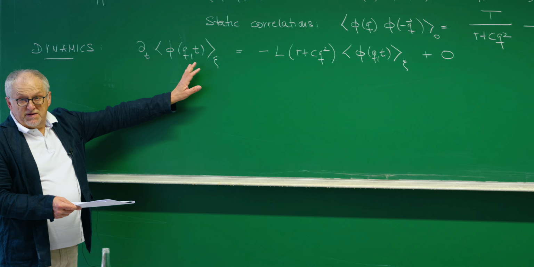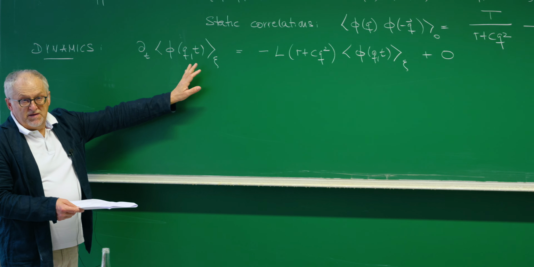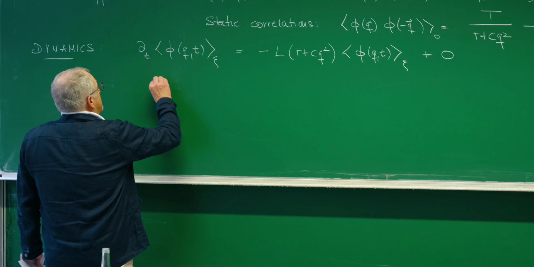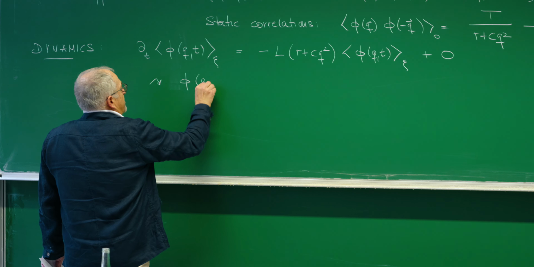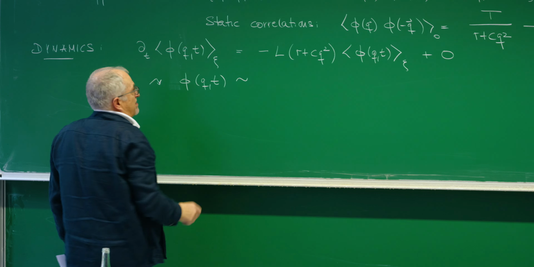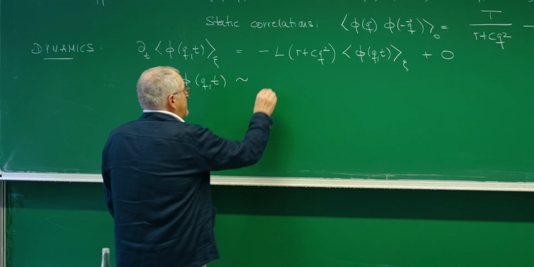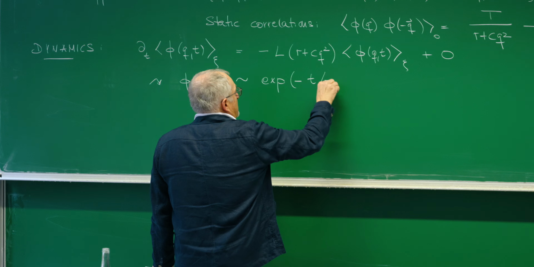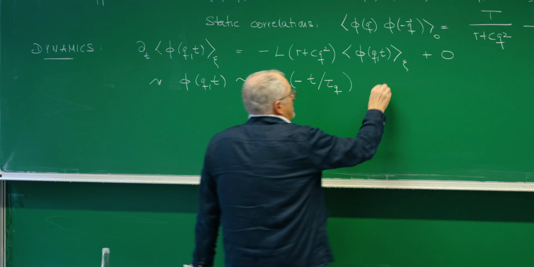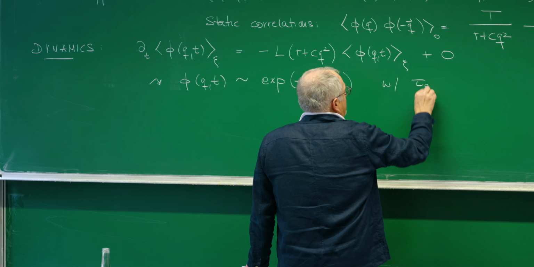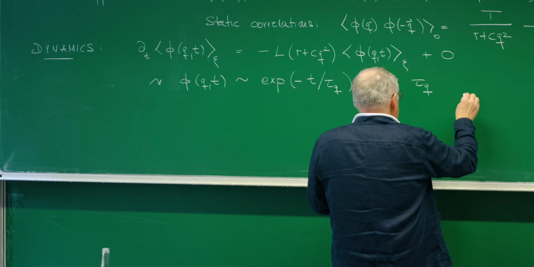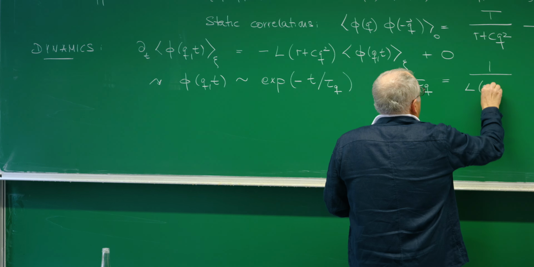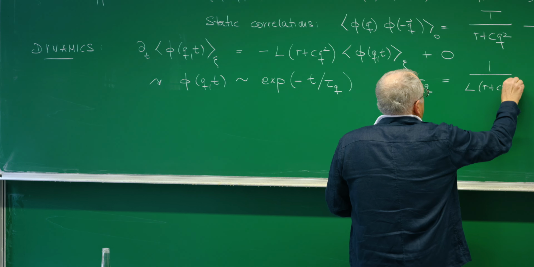That equation is a simple ODE, which is solved by an exponential decay. So phi of q and t is a constant times the exponent of minus t over tau q, with the relaxation time tau q given by 1 over L(r + cq²).